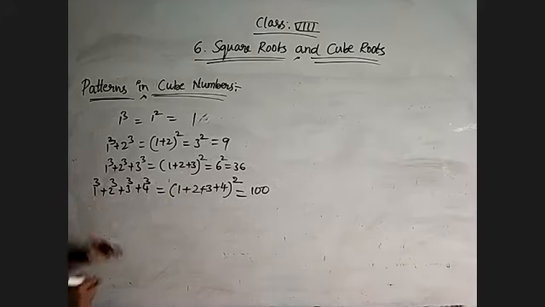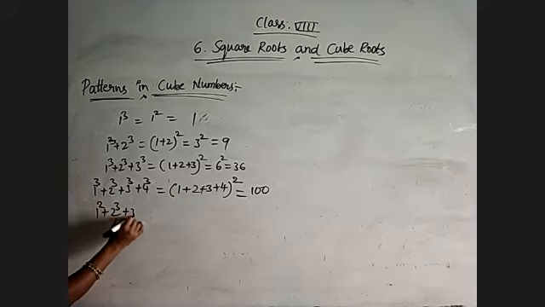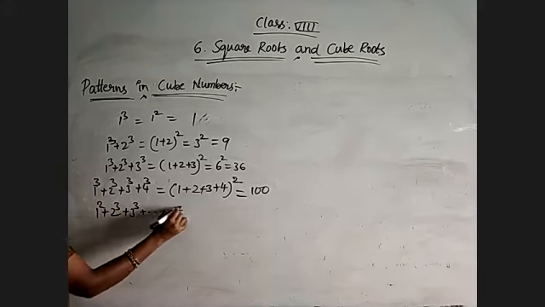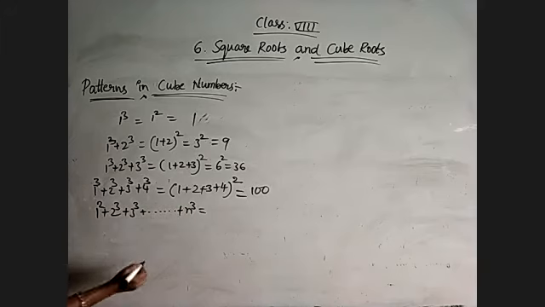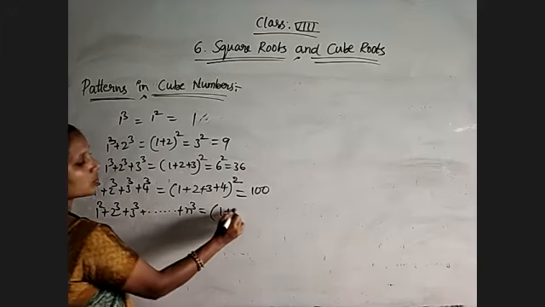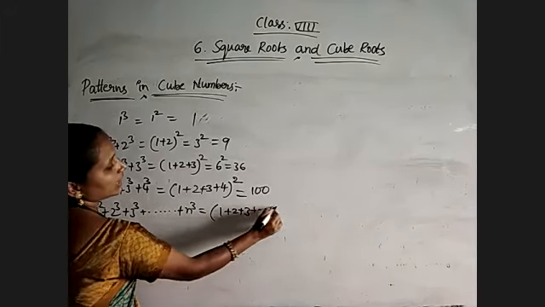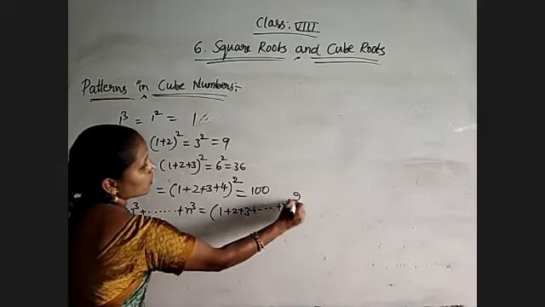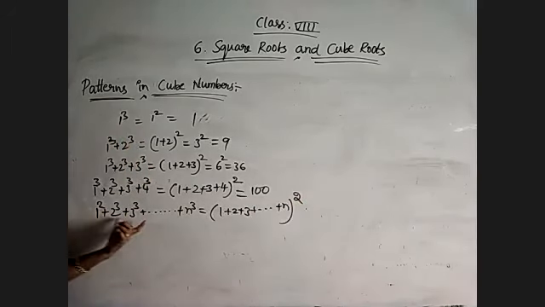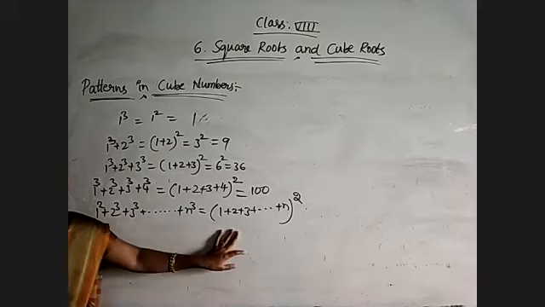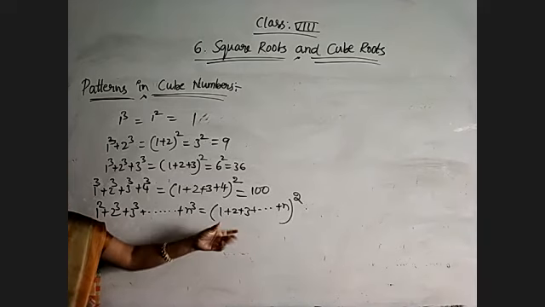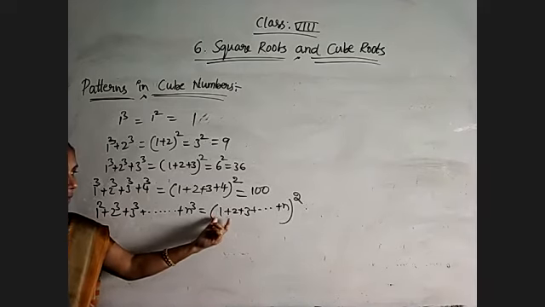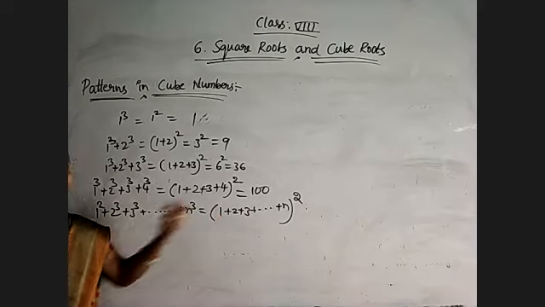Just observe this. If we are getting cubes of n consecutive numbers, say first 10 numbers, then what will be the answer? We'll get 1 plus 2 plus 3 plus till n numbers we have to take, and their square. Sum of the cubes of first n natural numbers is equal to the square of the sum of the first n natural numbers.